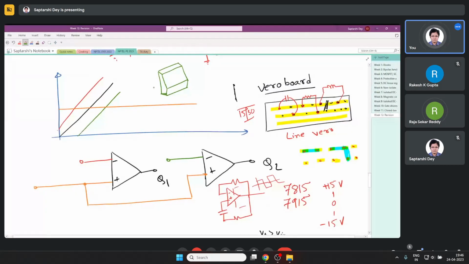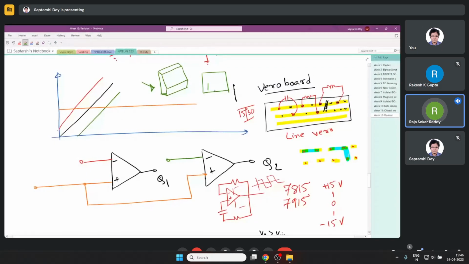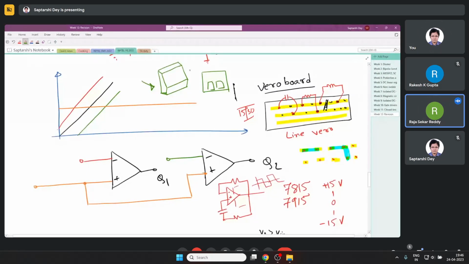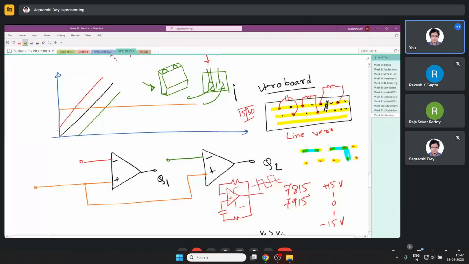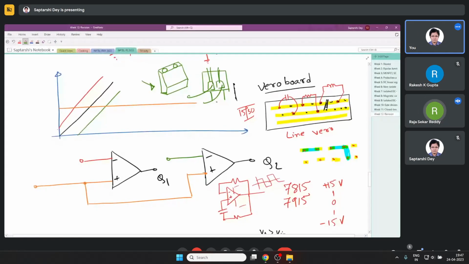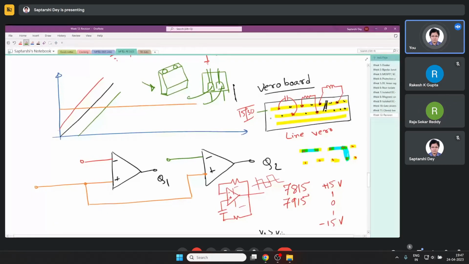From here, if you see, there will be two holes, and here there will be screws. So we will put in wires and screw them, and there will be pins and everything. They call it a terminal block. We used to say connectors, whatever.